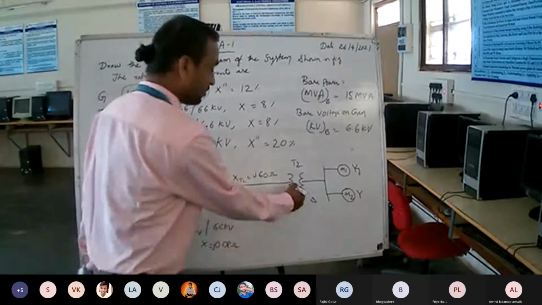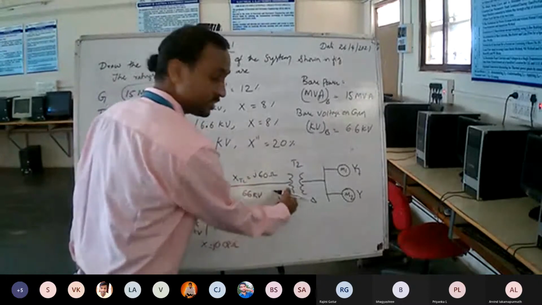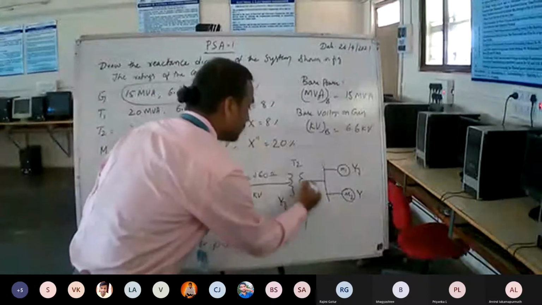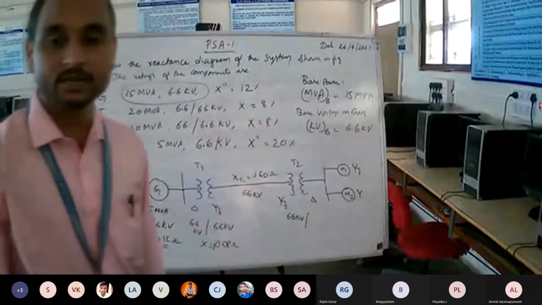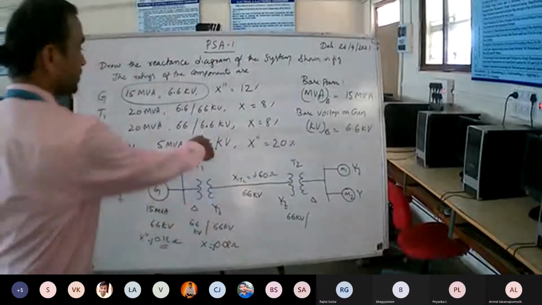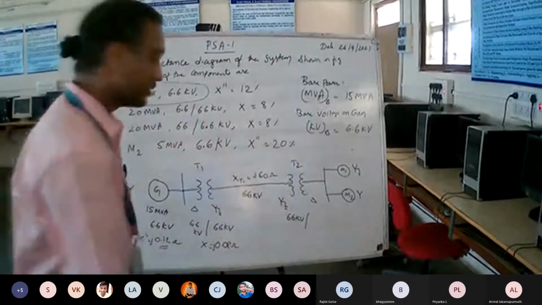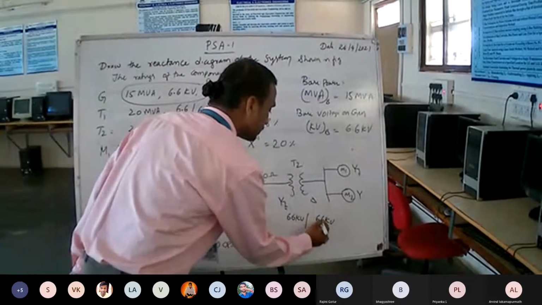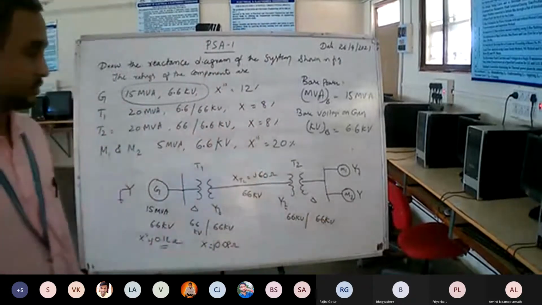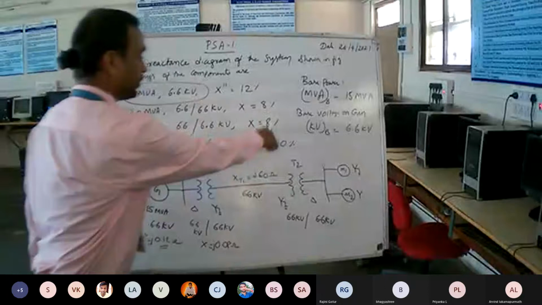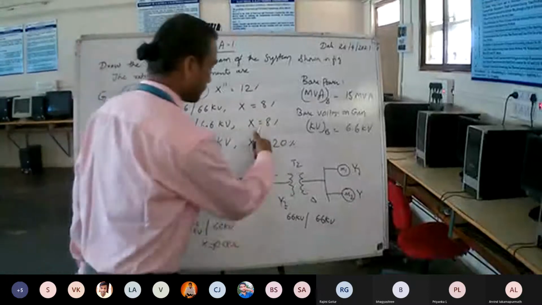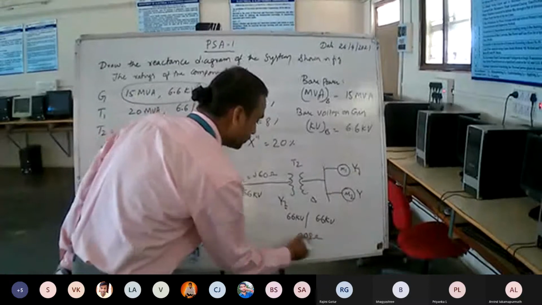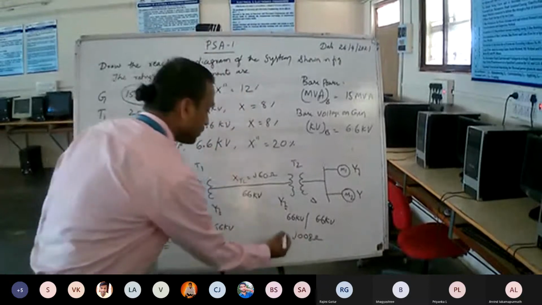Coming to the transformer, the primary side is also 66 kV, but the secondary side of the transformer is 6.6 kV. So write 6.6 kV. The transformer reactance is 8%, which is J 0.08 ohm.